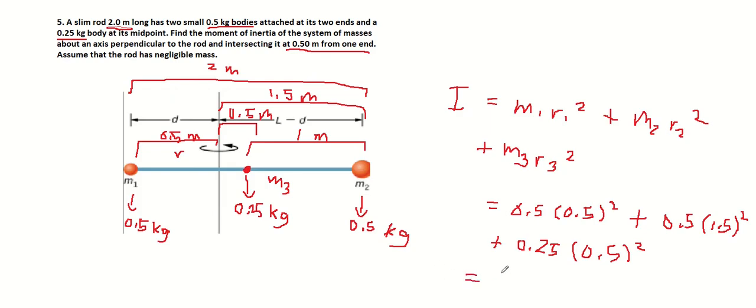So, 1.31 kilograms times meter raised to 2. Ayan, nakuha na natin ngayon yung moment of inertia ng system of masses nitong slim rod. So ngayon, proceed na tayo sa next worded problem.